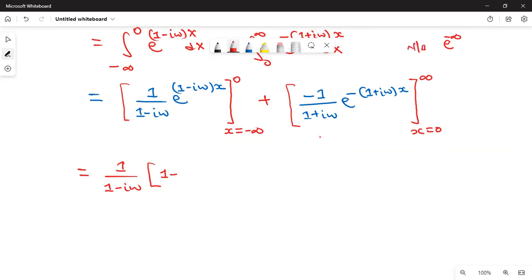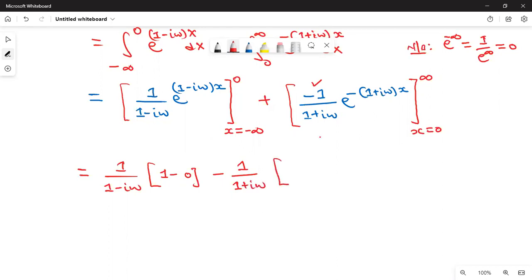You can write a note that exponential negative infinity is the same as 1 over e raised to infinity, and the result is 0. So I'll have a 0 here. Then plus. But I can see there's a minus, so I'll just have a minus. Minus 1 over 1 plus iω.